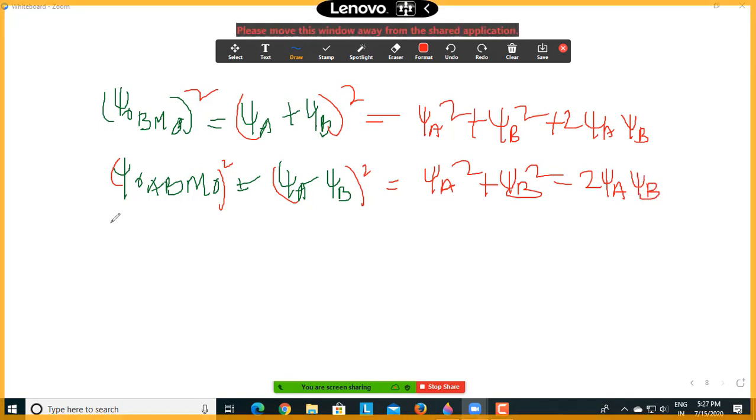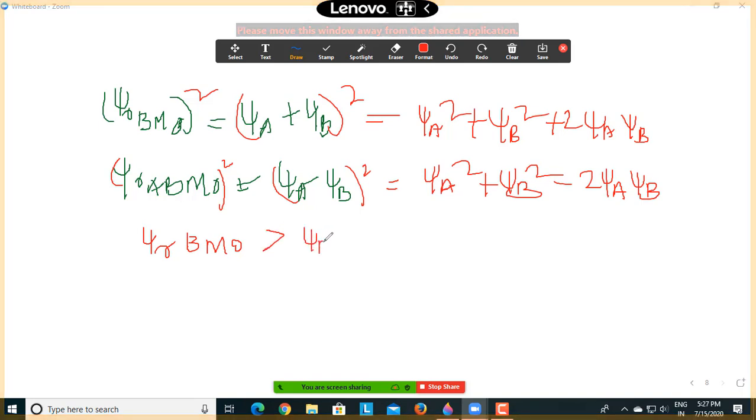Yes, sir. So that means psi square for bonding molecular orbital is greater than psi a square plus psi b square.